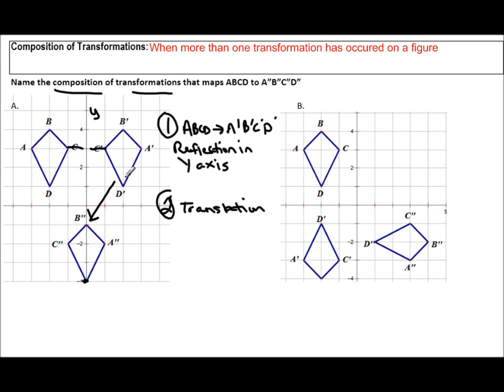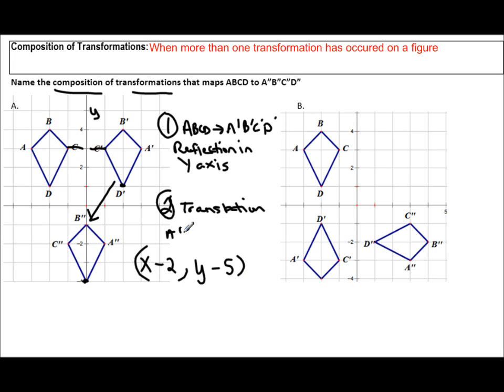So we need to figure out how it was translated. So I'm just going to look at point D prime and go to D double prime. So I'm going to go left 1, 2. So I take my x value and subtract 2. And I'm going to go down 1, 2, 3, 4, 5. Let me double check that. 1, 2, 1, 2, 3, 4, 5. So that means I subtracted 5 from my y value.